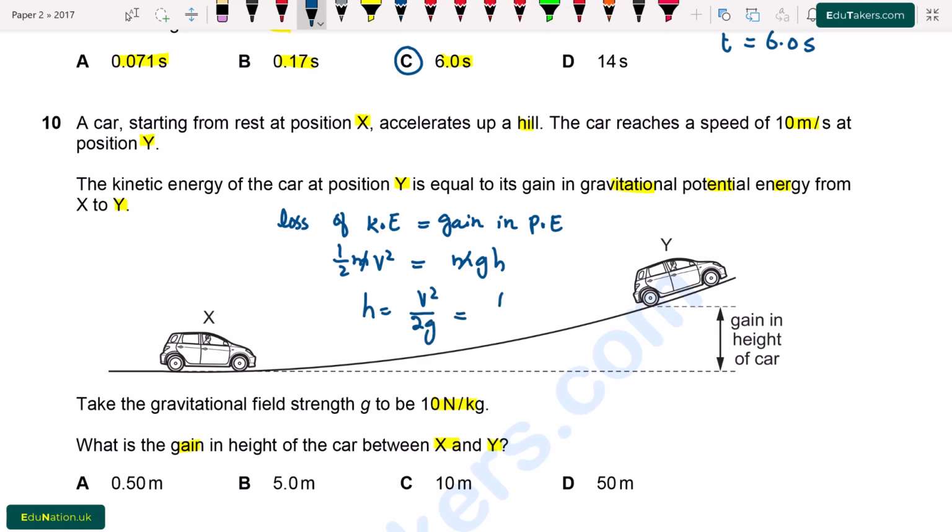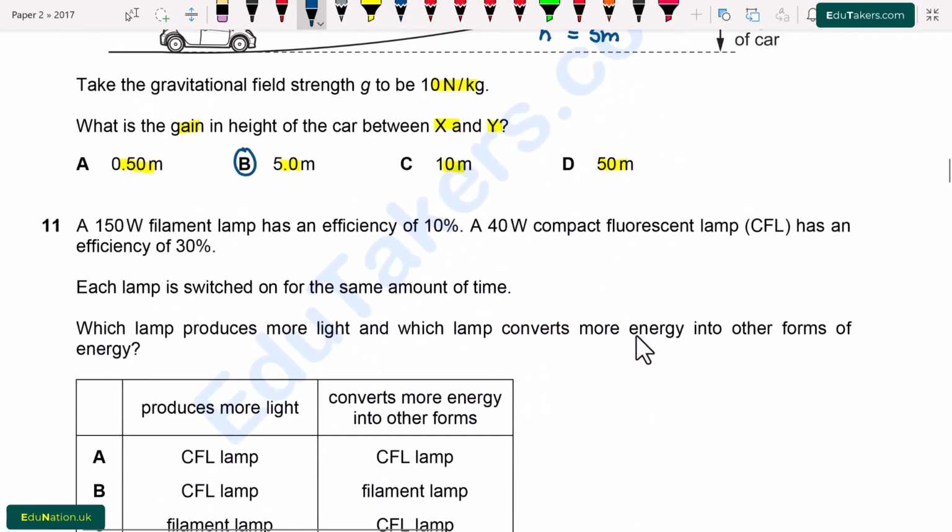V is given 10. So there will be 10 square divided by 2 multiplied by 10. H will be equal to 5 meter. Now we see the options. Option A 0.50 meter, B 5.0 meter, C 10 meter, D 50 meter. From here option B is correct.